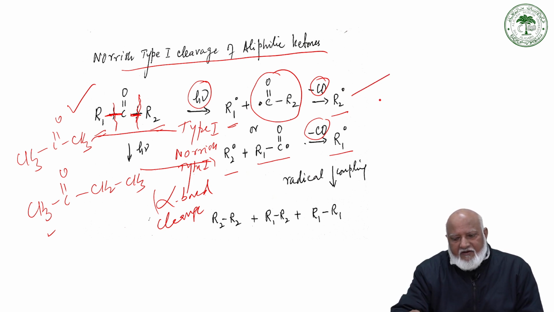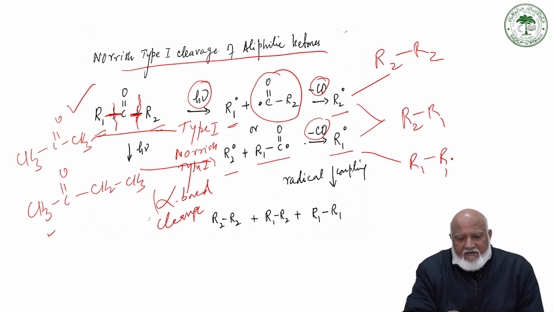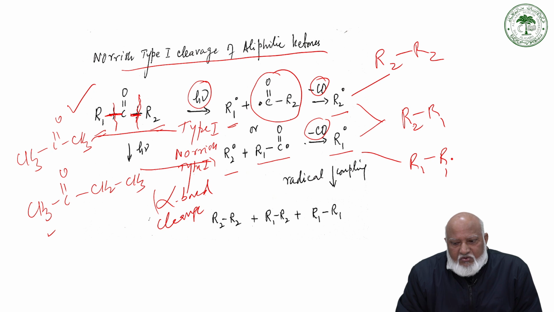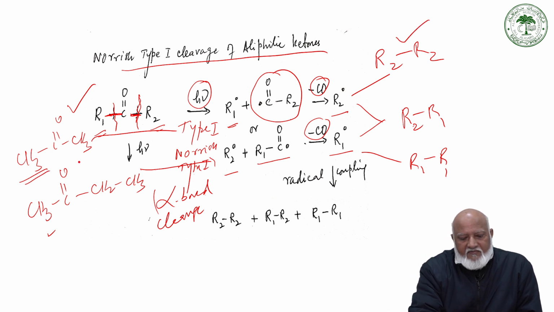So this can self combine to give you R2 R2, or these two can combine to give you R2 R1, or this can combine to give R1 R1. So essentially you can see that aliphatic ketones can give higher alkanes. If we start with acetone, we get ethane.